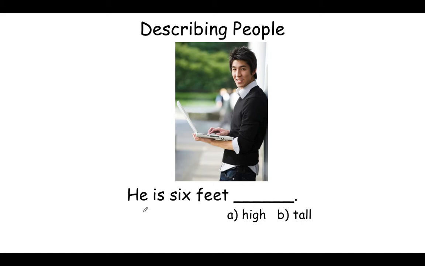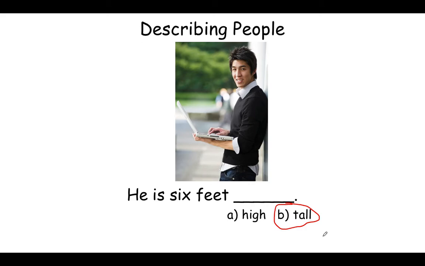So this next one is he is 6 feet, and this goes back to when we describe how tall somebody is, their height. When you say he is 6 feet, you want to say tall, not high. Even though you could say, oh, that tree is really high, or that mountain is really high, or that light is really high.